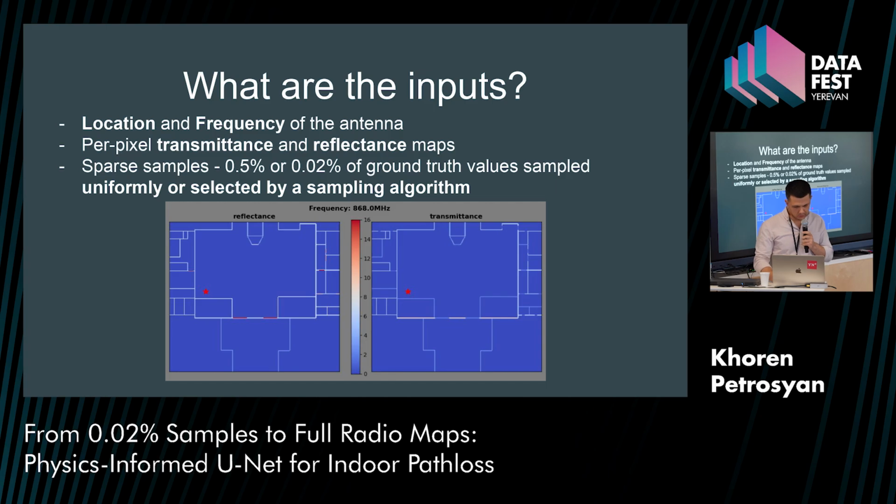And they are the same size as the ground truth, obviously. And this red star is the antenna location. We also get the frequency of the antenna and its precise x and y coordinates.